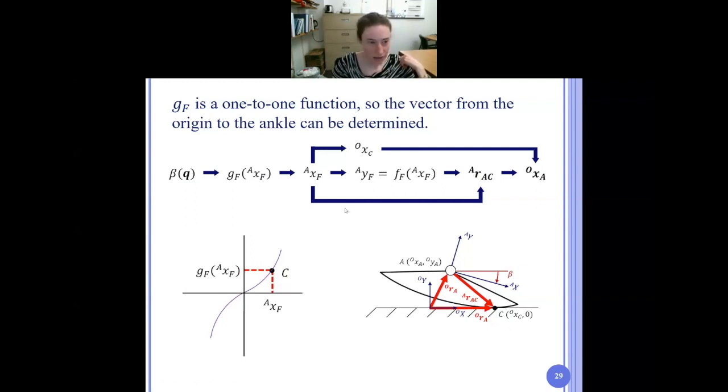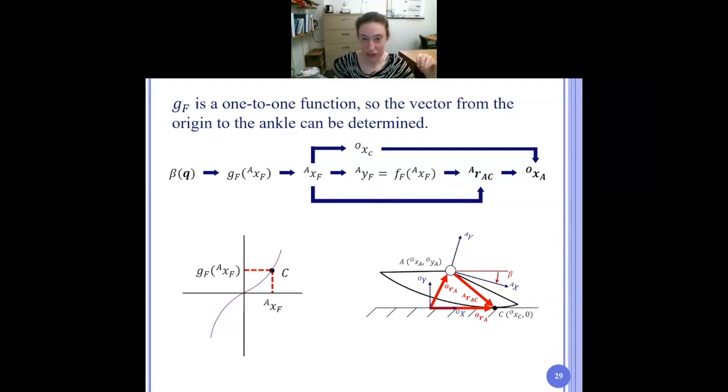So the first thing we can do is say that for a given configuration of the robot, so for a given value of q, we know what beta is. And if we know what beta is, we know what the slope of the foot has to be at that current point. So we know what g is. So now we are going to assume that the foot shape function is convex. And because it is convex, that means there is a one-to-one relationship between the slope and the x position on the foot.